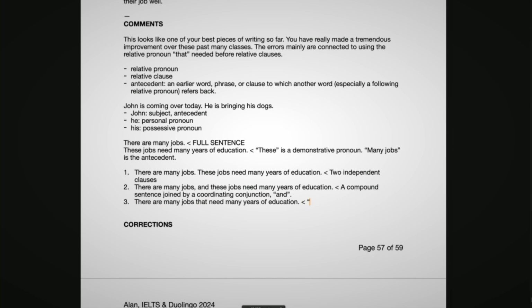That is a relative pronoun used to join or connect many years of education to the antecedent many jobs.